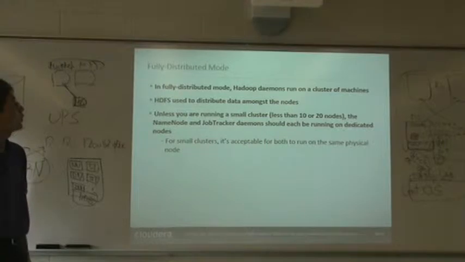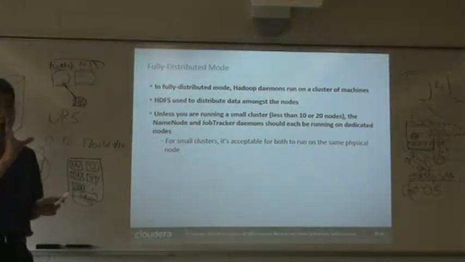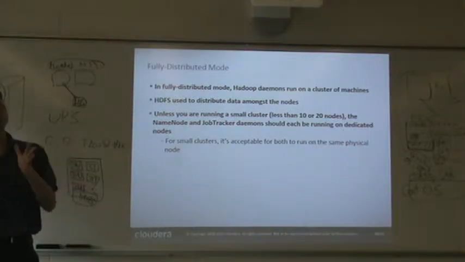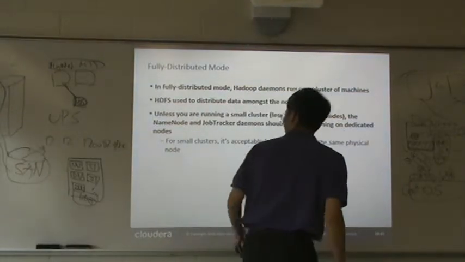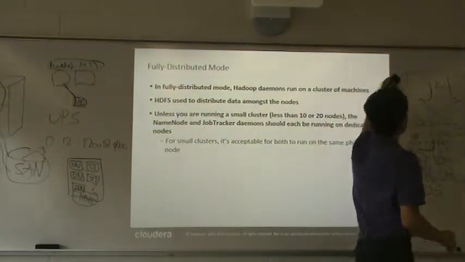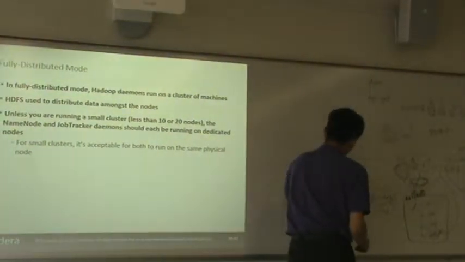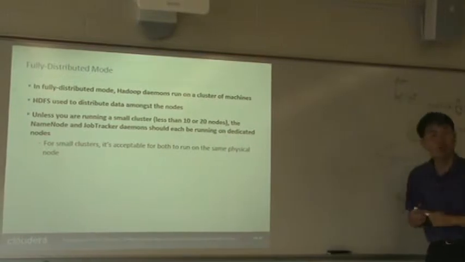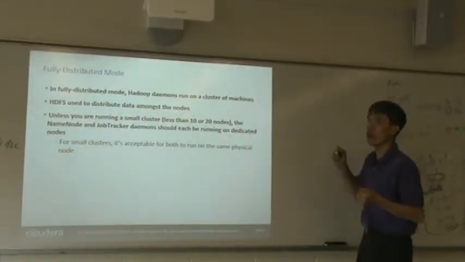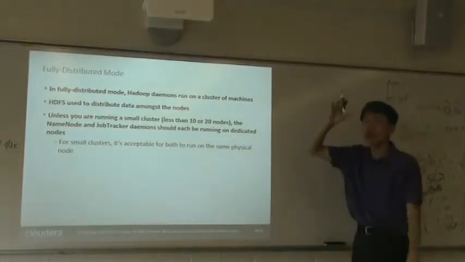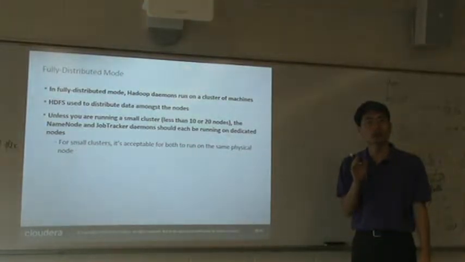In a fully distributed cluster system, you need to decide which server you are going to use for the name node, master node, and so on. In the exercise lab, due to the limitation of our computers in the lab, the GA will assign 2 or 3 computers, I think 2, because we have 12 or 13 students.